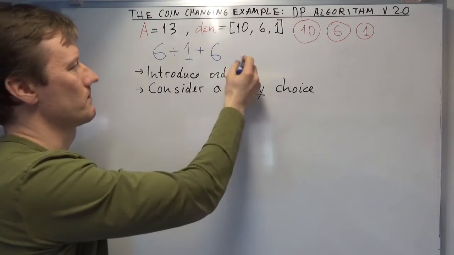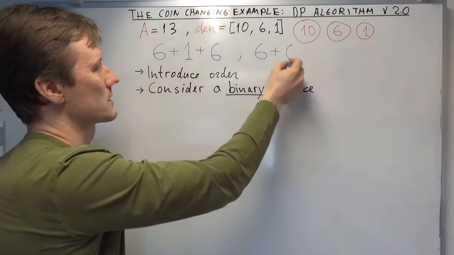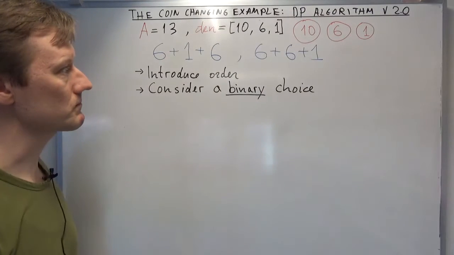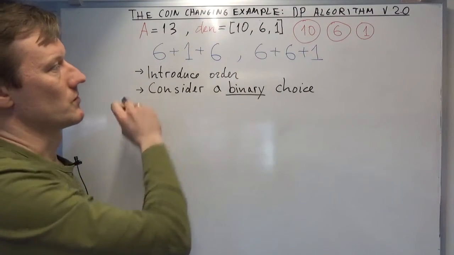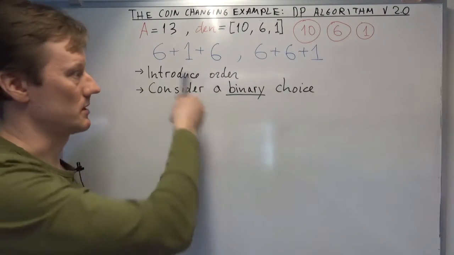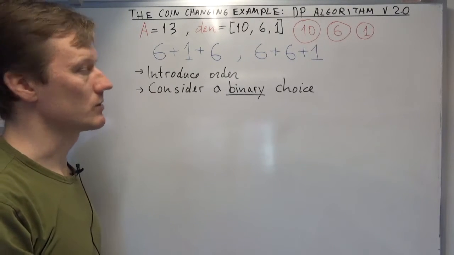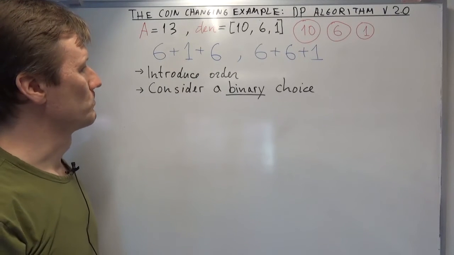Or it could say, take a 6 krona, then a 6 krona, and then a 1 krona. Both of these answers are correct, because each of them includes the smallest number of coins, in this case 3 coins.